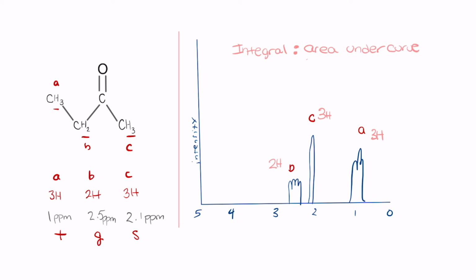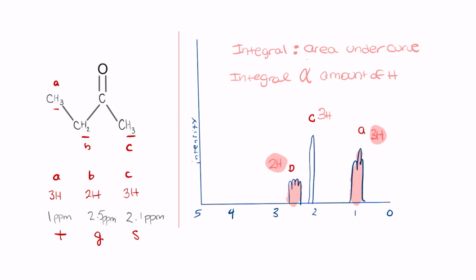And so with HNMR, the integral is actually going to be proportional, and I'll draw this alpha symbol for proportional, to the amount of hydrogens in the signal. All that means is that signal A, which is composed of 3 hydrogens, should have more area under the curve than signal B, which has 2 hydrogens. So the area under the curve is proportional to the amount of hydrogens you have.